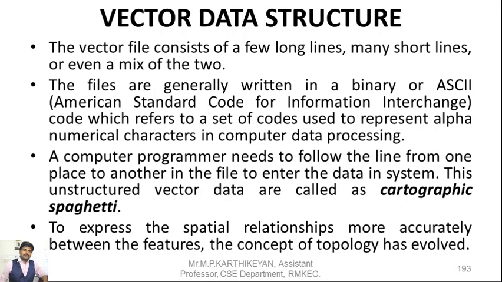In the vector data structure, for example a continuous building, a river or a road is given in a long line structure, or many short lines together, but they don't interact or collide with each other. That kind of model is called a spaghetti model.